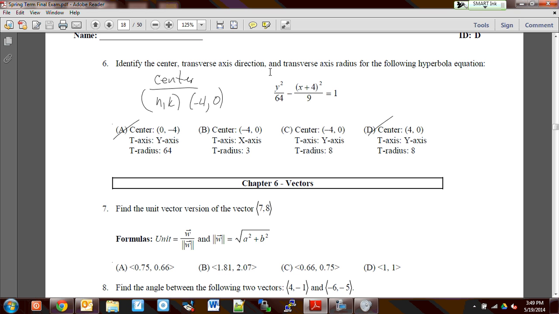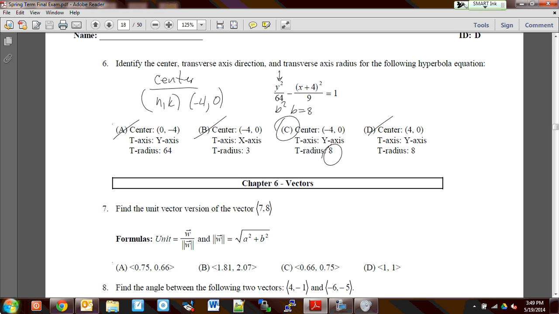Now, transverse axis direction. Since y is first, your transverse axis direction is y. Okay? And then your radius is simply, in this case it's b squared because it's with y. Since this is b squared, b is simply the square root of that, which is 8, which gives you your radius.